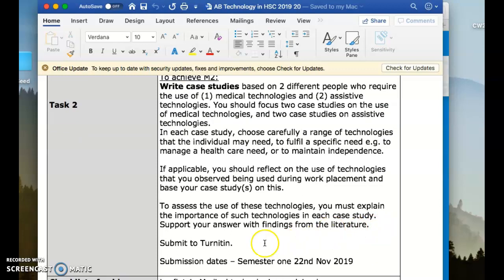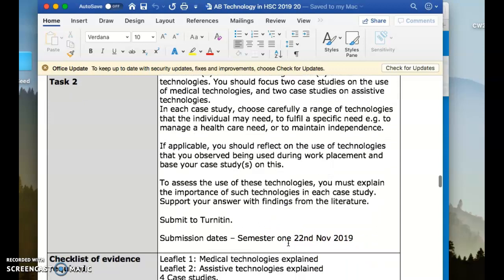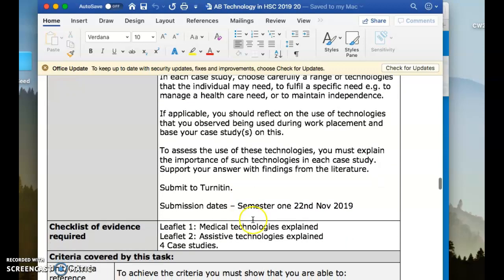So I've set up an upload area for M2. Ignore that date. Our new date, the date that I would hope that P3, P4, and M2 would be submitted by, this is for first draft, I'll give you feedback on it.